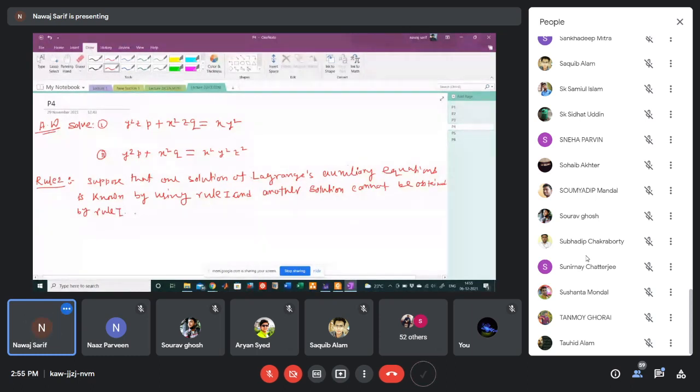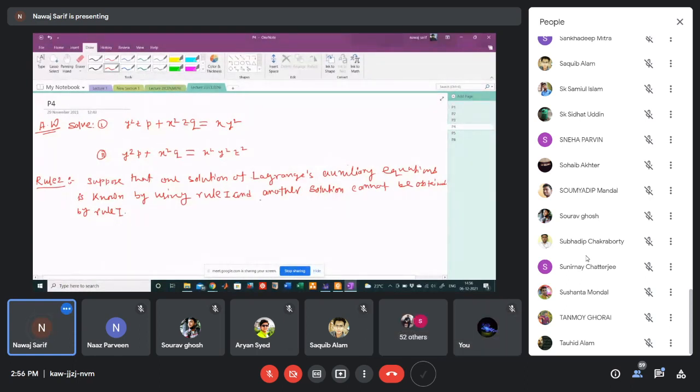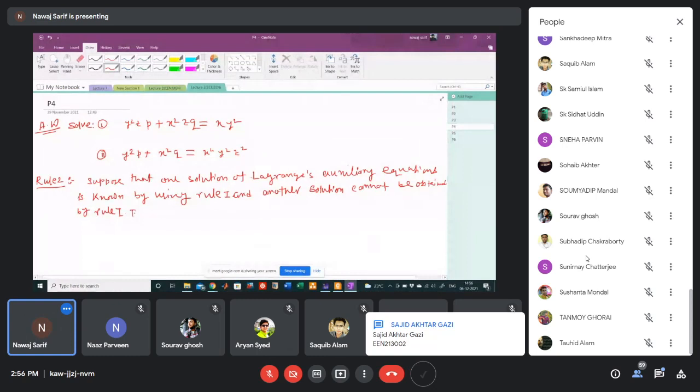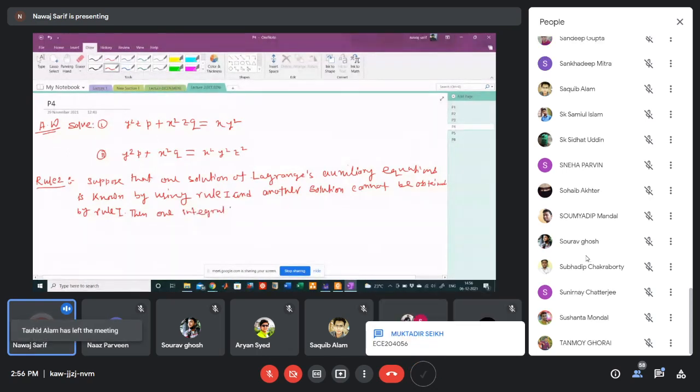Then one integral is also known as a solution, is also known as an integral.